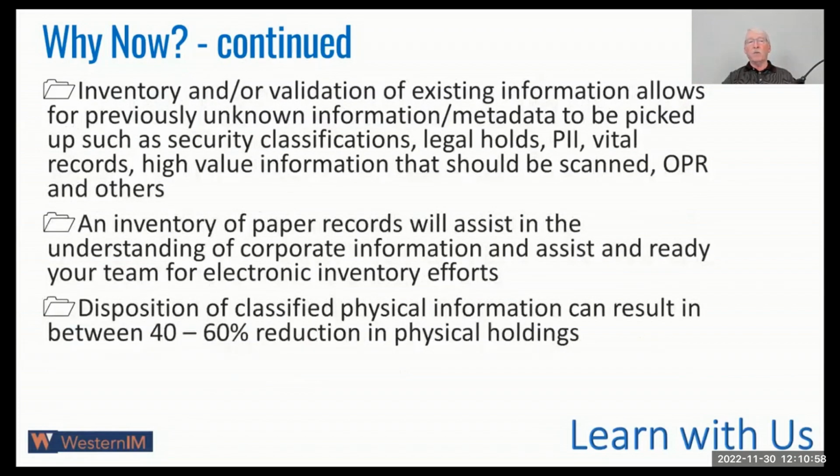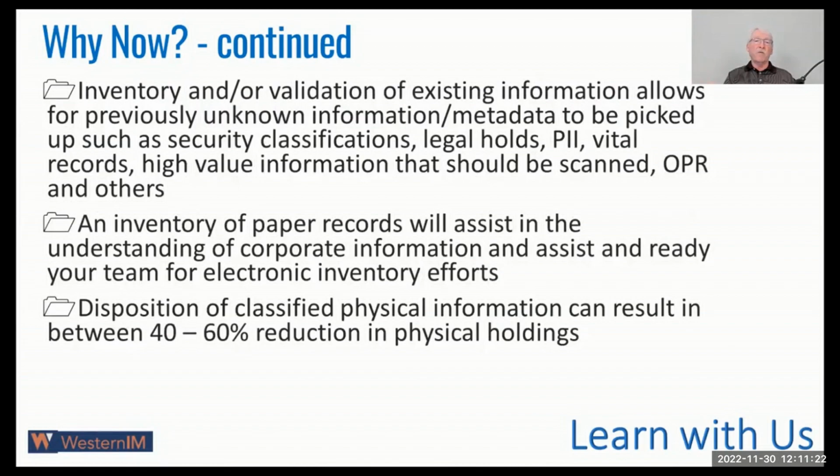And finally, a couple of other things. Inventory and validation of existing information allows previously unknown information, metadata, to be picked up. Did we all look for things like security classifications on paper information 10, 15 years ago? Did we look for personal information? Did we look for vital records?